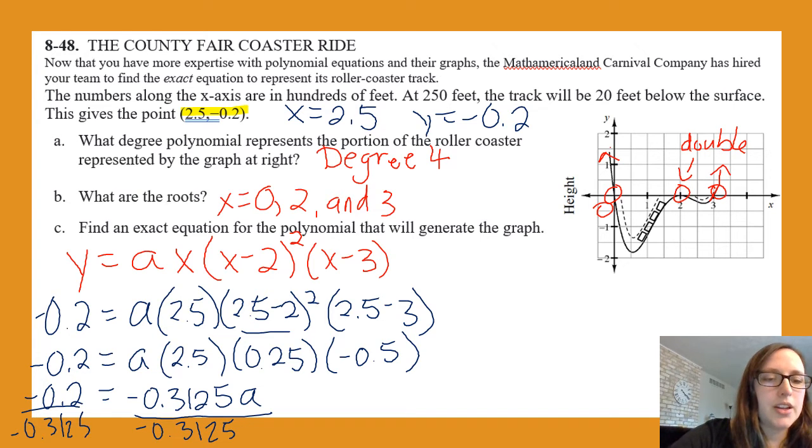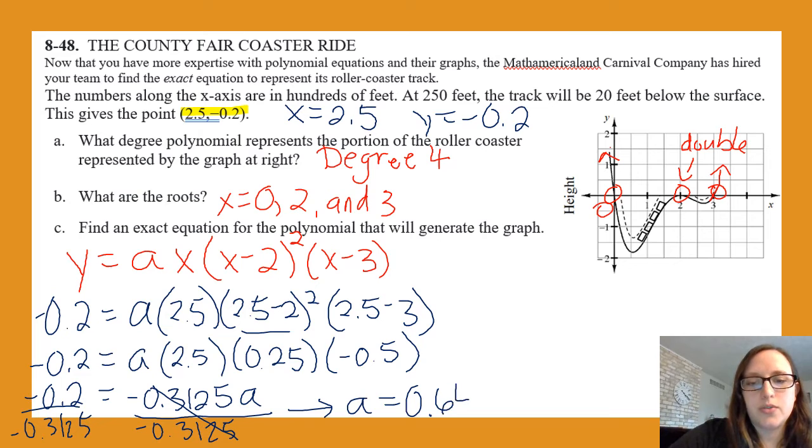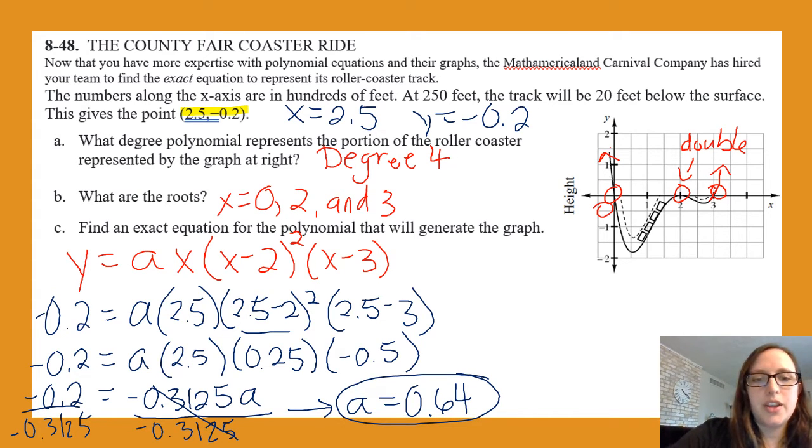So when you plug that into your equation or your calculator, you will get that a equals 0.64. All right, so then in our equation, we can just put a 0.64 in the beginning.